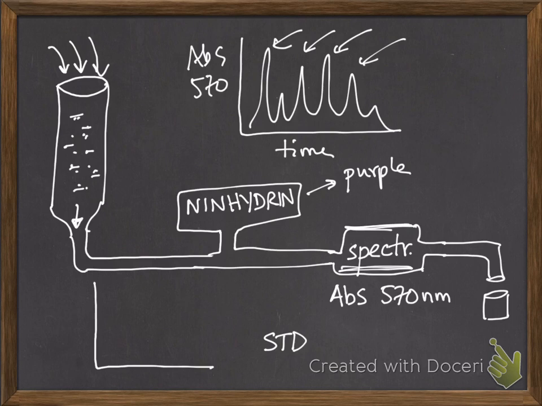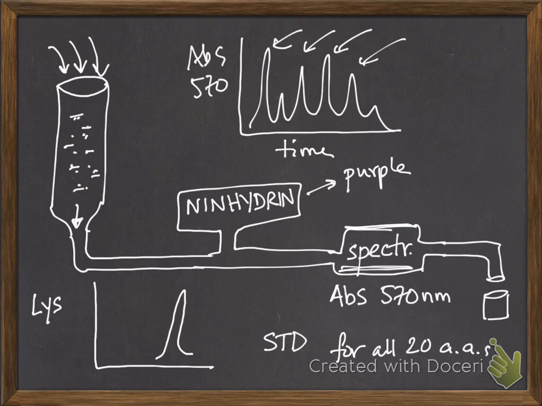You have your setup just like that. But instead of pouring your hydrolyzed protein through the column, all you do is you pour a pure solution of just one single amino acid. And then you do all your washes and you see where the peak comes out. And you do this for all 20 amino acids.